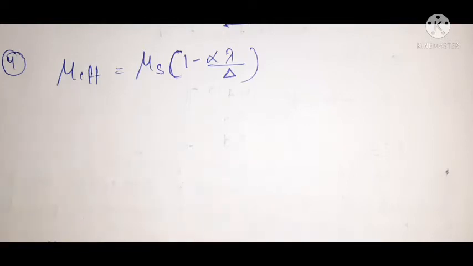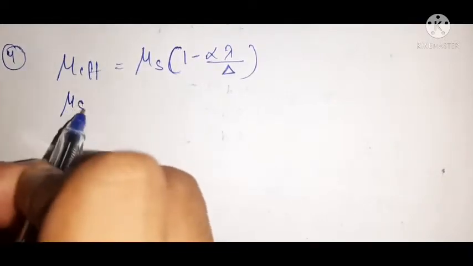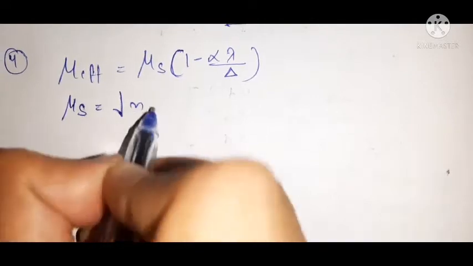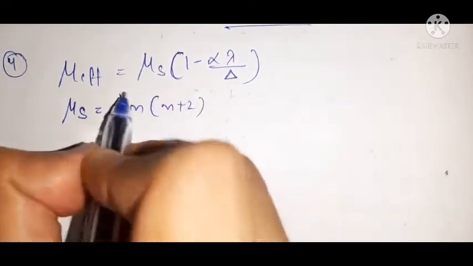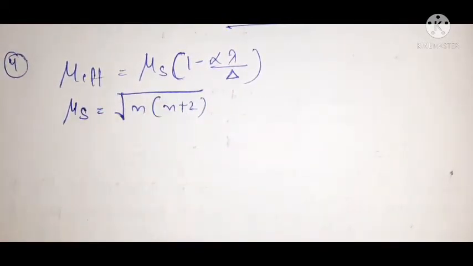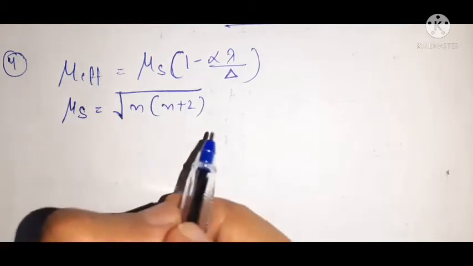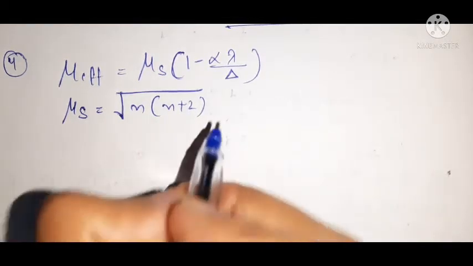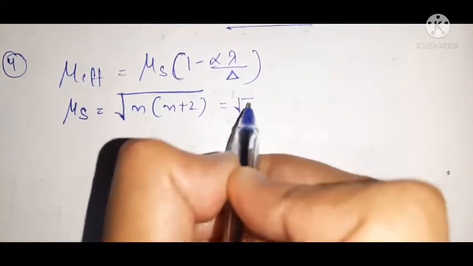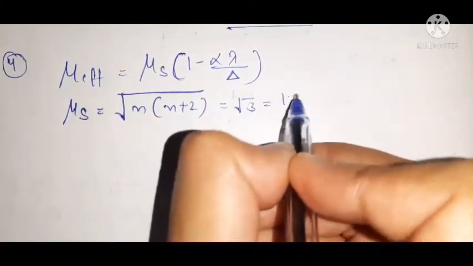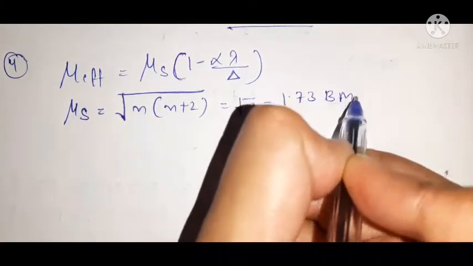So we use this formula in the copper second complex. Here μ spin only can be found by the square root of n into n plus 2, and in the case of copper second its value will be square root of 3, which is nearly equal to 1.73 Bohr magneton.